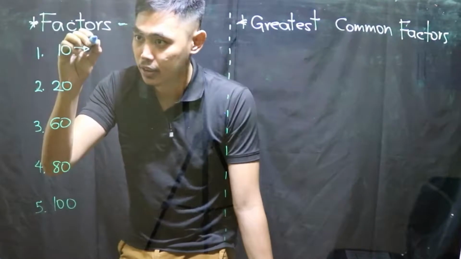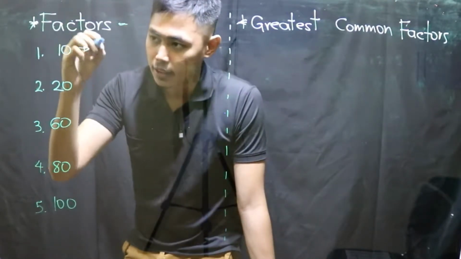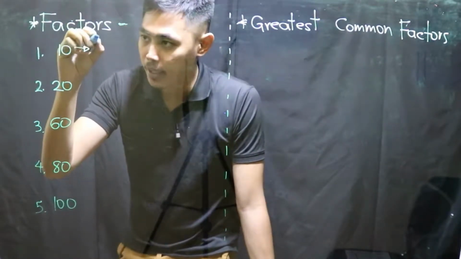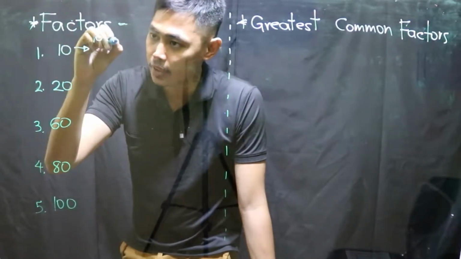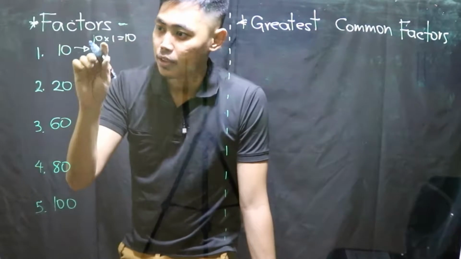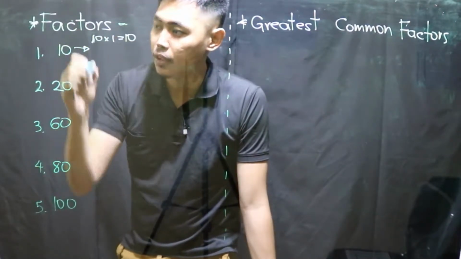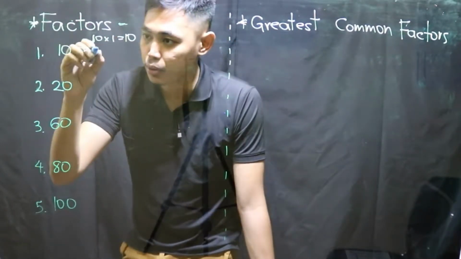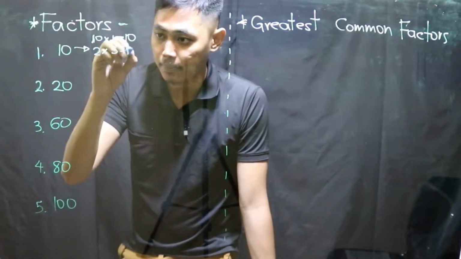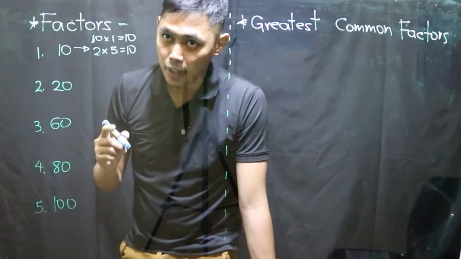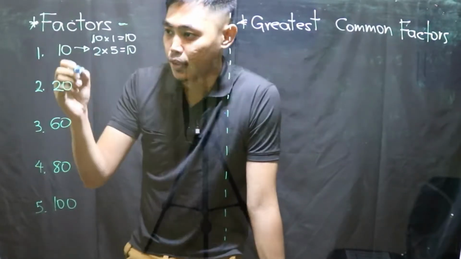First, we will think. If we multiply 10 times 1, the answer is 10. So 10 and 1 are factors of 10. How about 2 times 5? The answer is also 10, right?